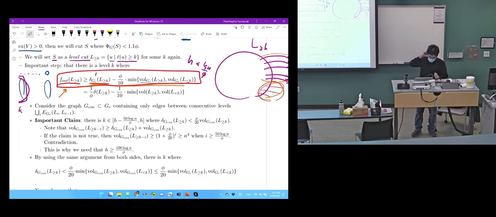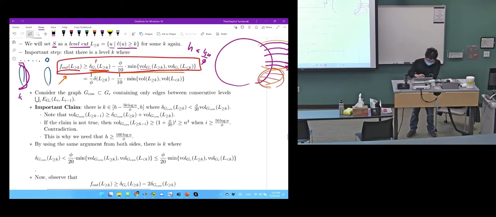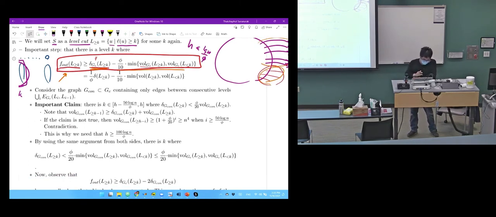Okay, so let's prove this. Well, how to prove this? Let's look at the graph that I call G-con. That is just the graph GC that contains only edges between consecutive levels. Okay.